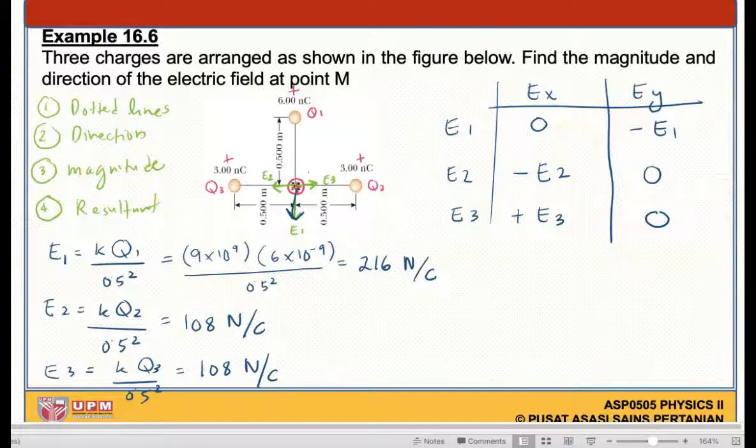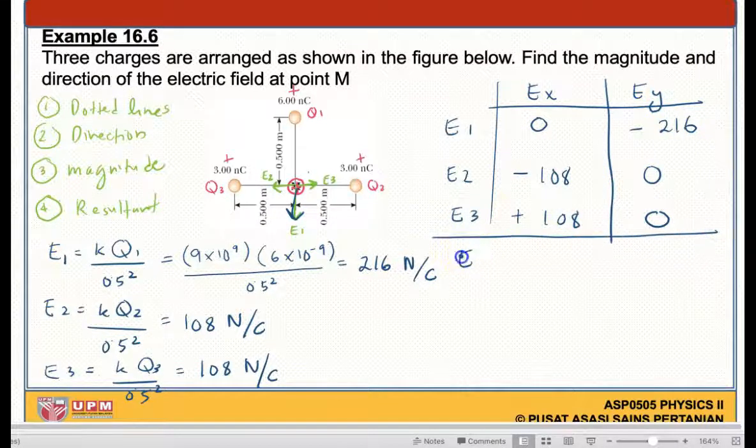So if I were to sum this up, this should be 108, and this is 108, and E1 is 216. Okay, so summing this up, what is the E at point M?